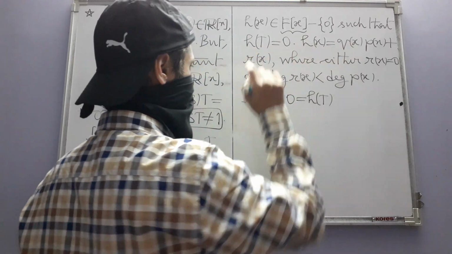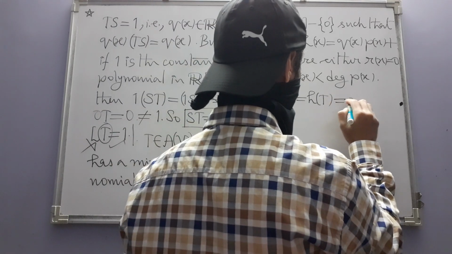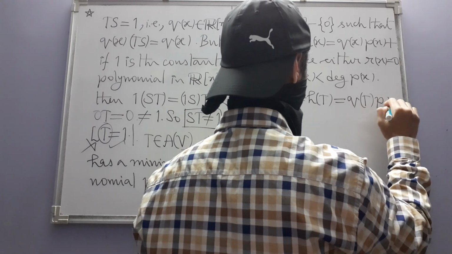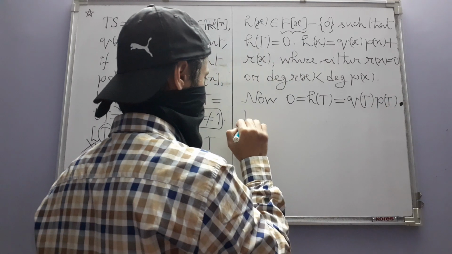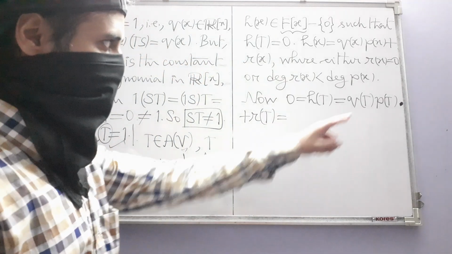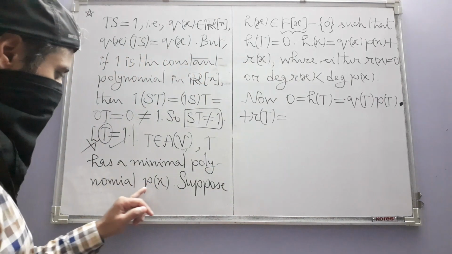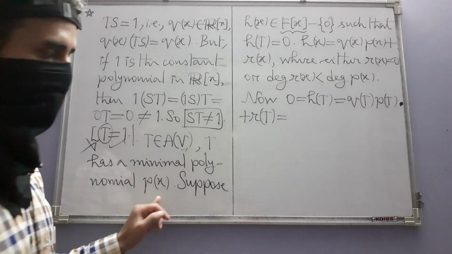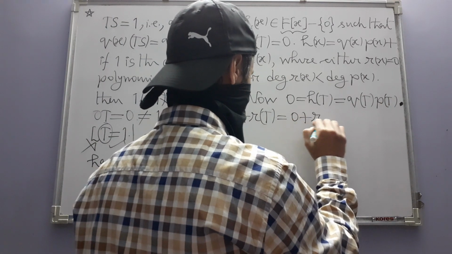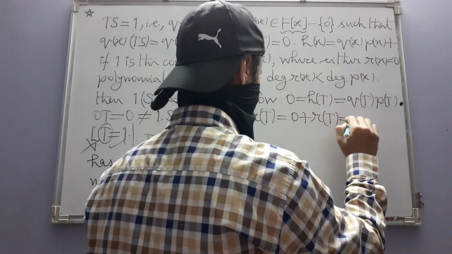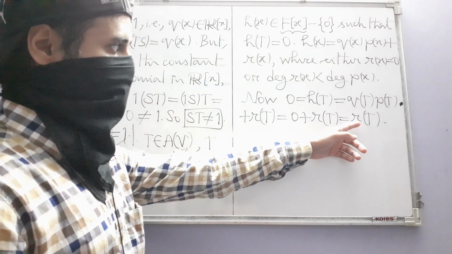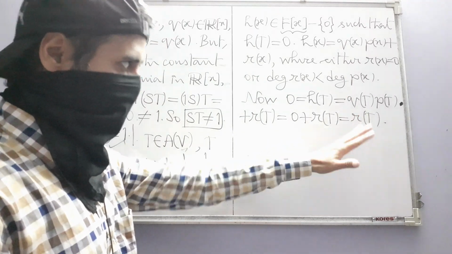But that is equal to q of T times p of T plus r of T. Since T satisfies the polynomial p(x) also, this term vanishes and we are left with r of T. So we see that T satisfies r also.